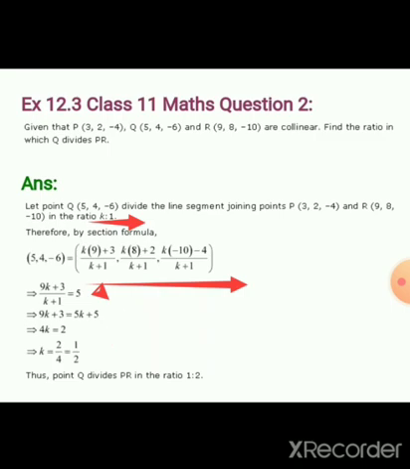Next you will get 9k minus 5k equal to 4k, and 5 minus 3 equal to 2. Therefore you will get k equal to 2 by 4, that is 1 by 2. So this ratio is nothing but k is to 1, that is 1 is to 2. Therefore this is nothing but k equal to m divided by n.